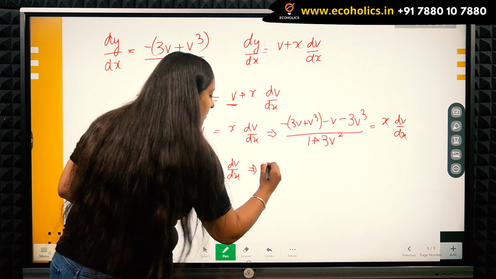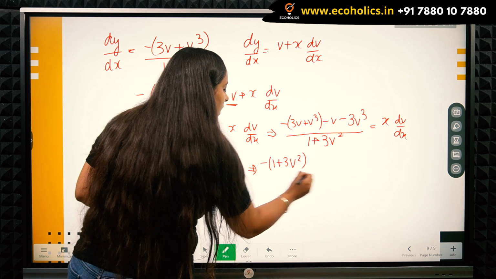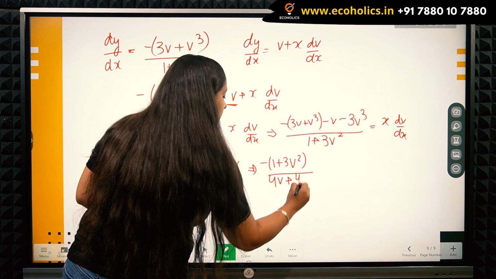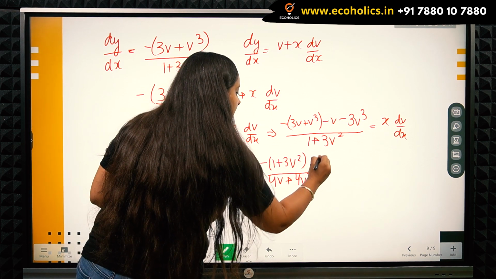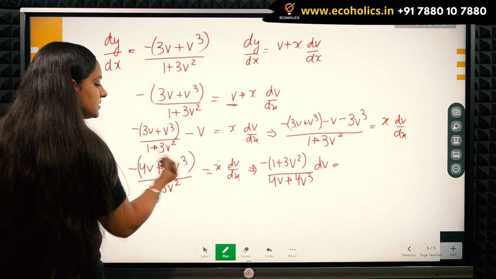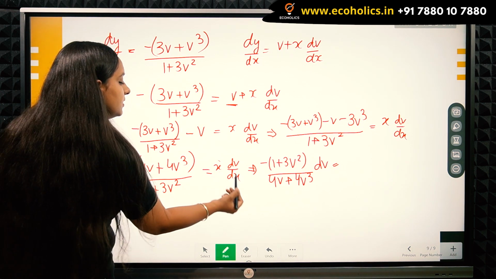So I will be getting minus 1 plus 3v square upon 4v plus 4v cube dv equals to, so I have taken this term to the other side. Then I will be taking this to the other side.